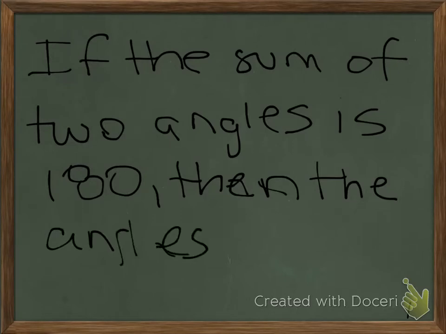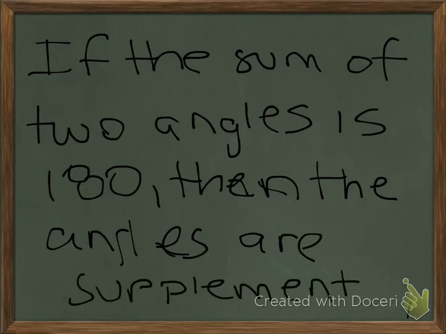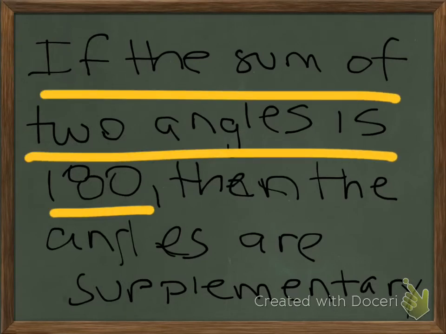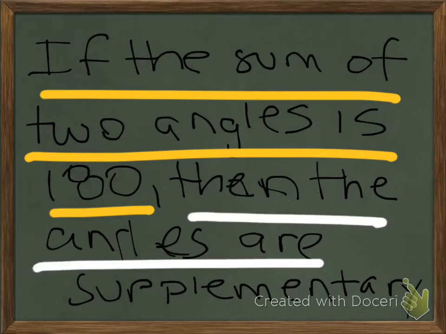Excuse my handwriting here. You need to think about what would be the logical conclusion when you start your sentence. If you have two angles that add up to 180, that would make the angles supplementary. So we continue the sentence with the then part and say the angles are supplementary. This would be our hypothesis, and this would be our conclusion.